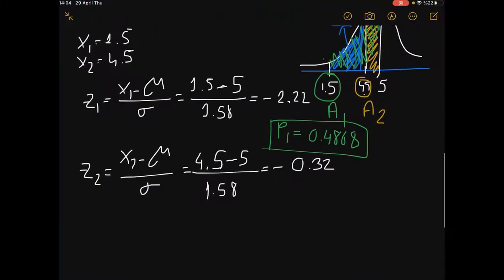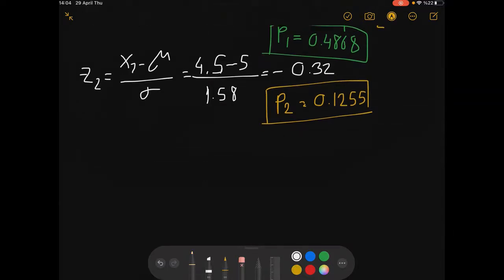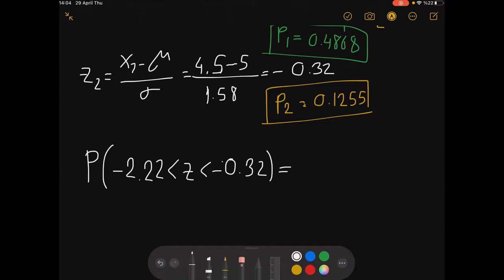0.1255, and this is your P2. P2 is 0.1255, and your result will be okay. This one will be the probability of being from 2.2 to Z minus 2, would be P1 minus P2.